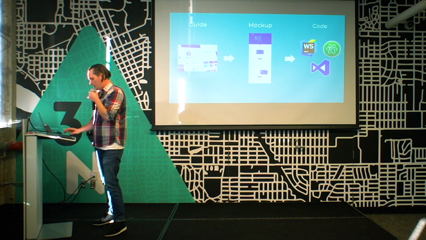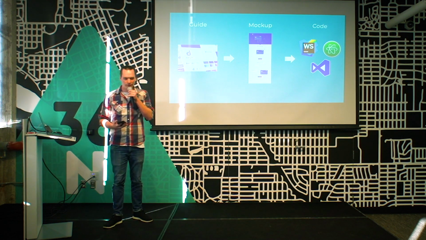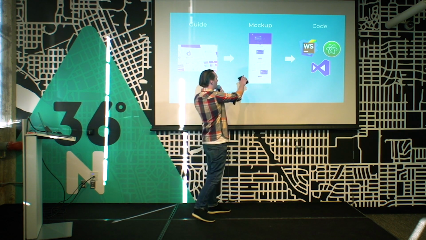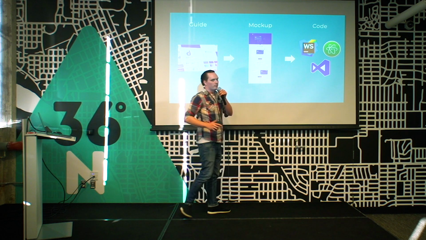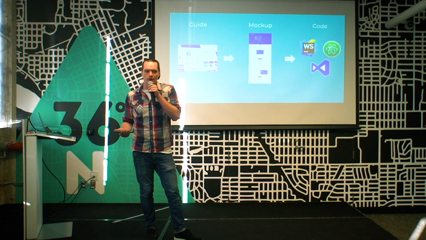So the idea of this is, what if we could get rid of this part? Or what if we could not completely get rid of this part, but make it a lot easier? Because when you have 30 unique pages, you have to build 30 unique mock-ups.